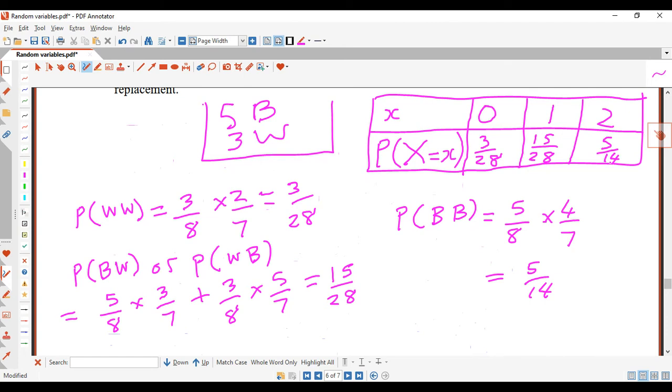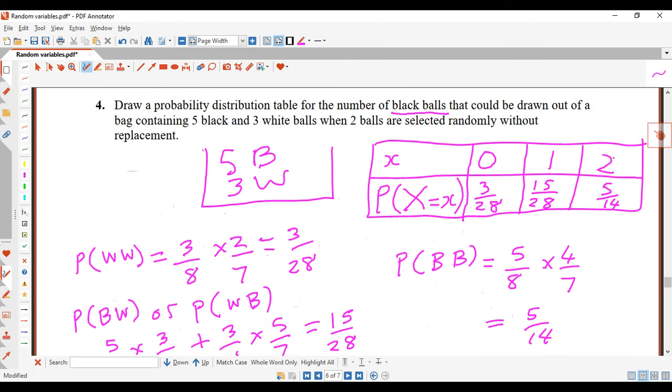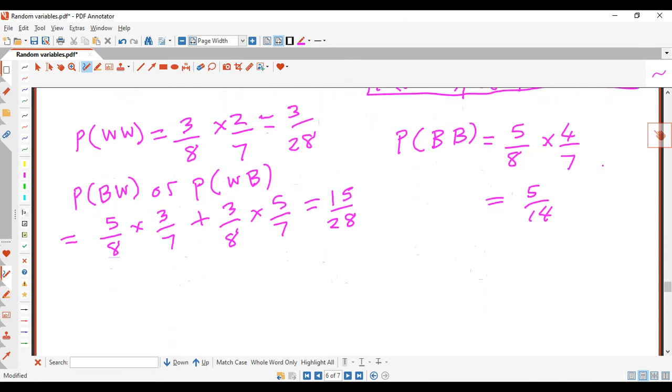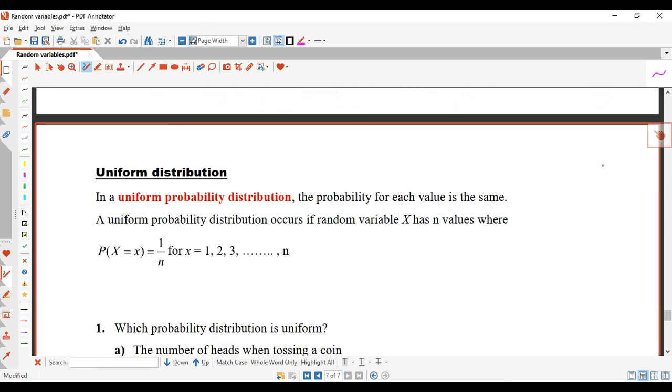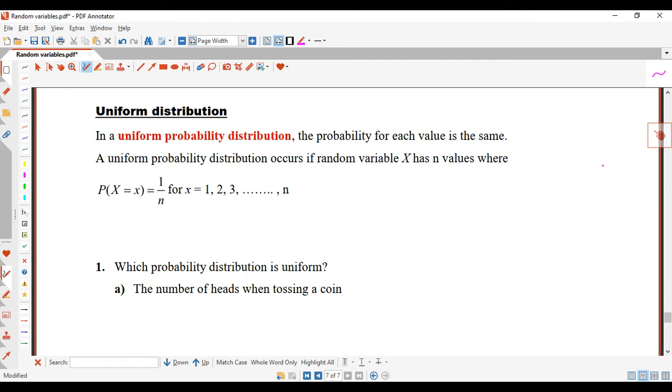Okay, so there's my probability distribution table for choosing the number of black balls out of that bag. Copy that down, and now we're going to look at something called a uniform probability distribution. Uniform means the same. So if you've got a uniform probability distribution, that means the probability for each outcome is the same.